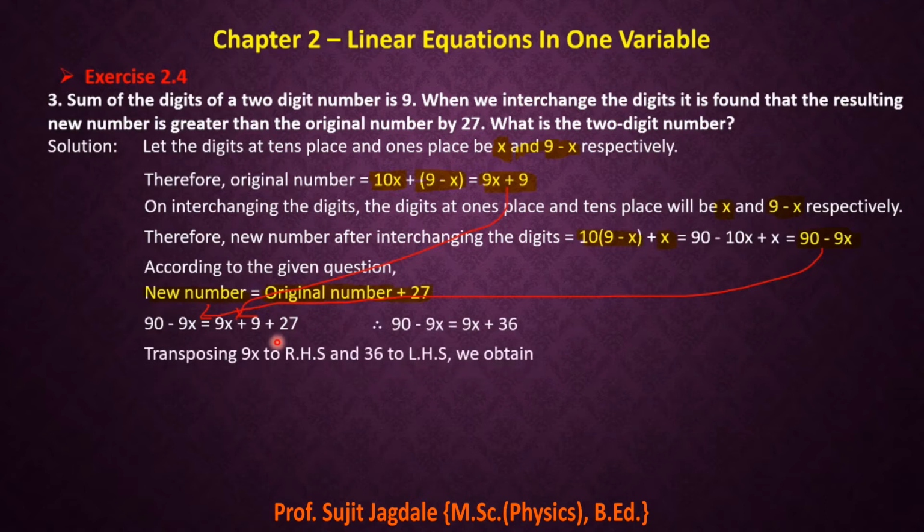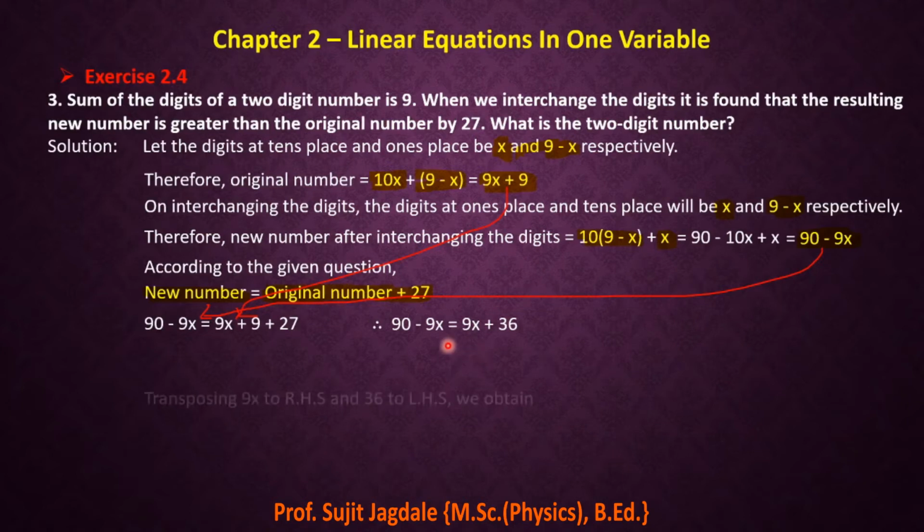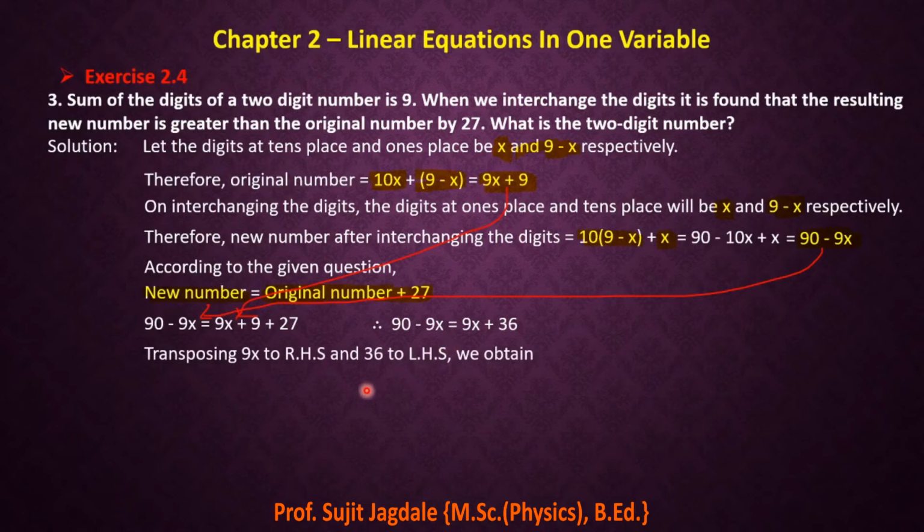Now if we simplify this, we get 90 minus 9x equals 9x plus 36. Again transposing, we transpose 9x to the right hand side and 36 to the left hand side.